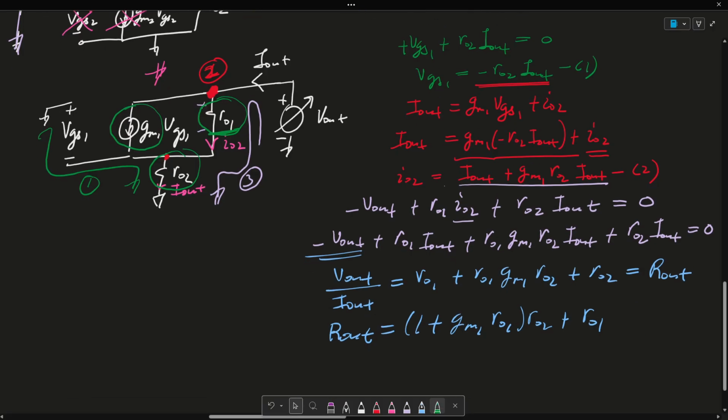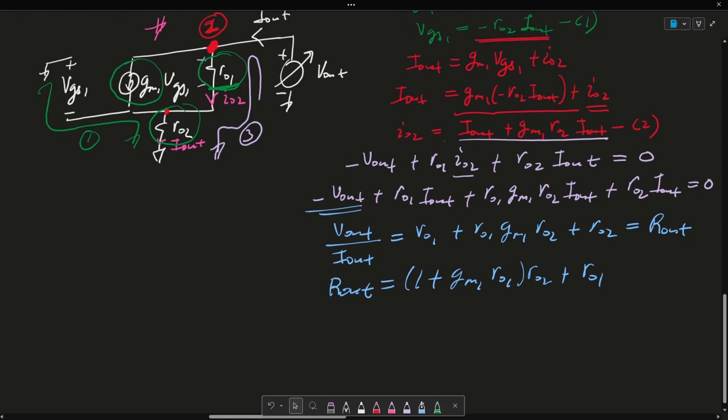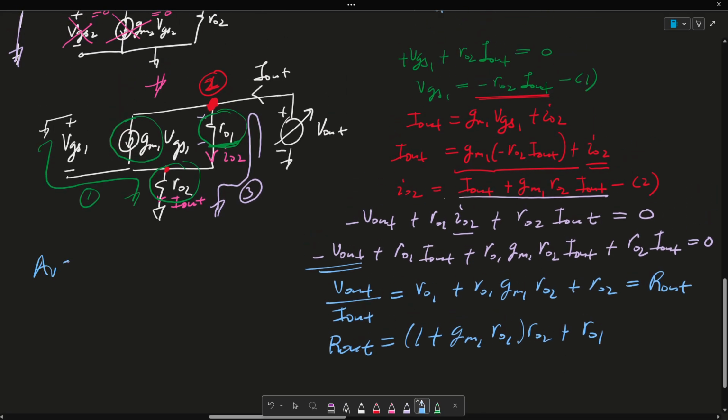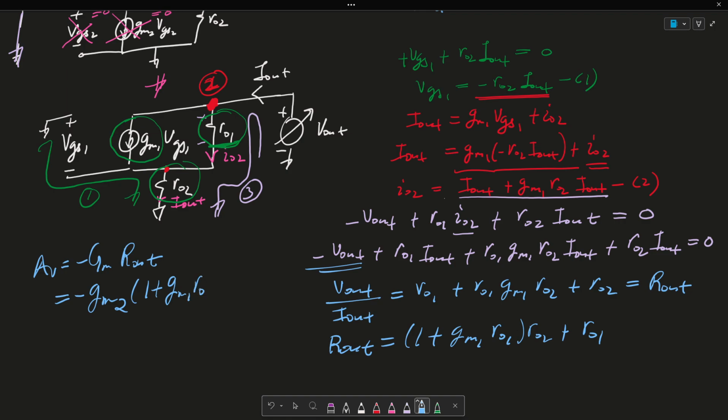Okay, so now we found everything, right? We found our GM, so we know AV. We can say here that AV is minus GM R out, which we know is minus GM2 times 1 plus GM1 RO1 times RO2 plus RO1.